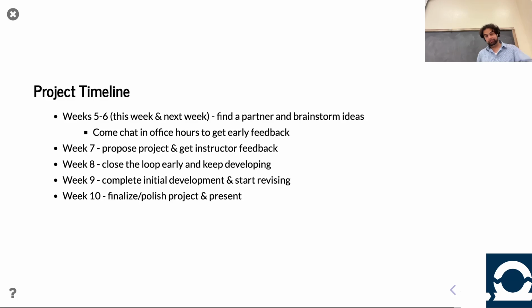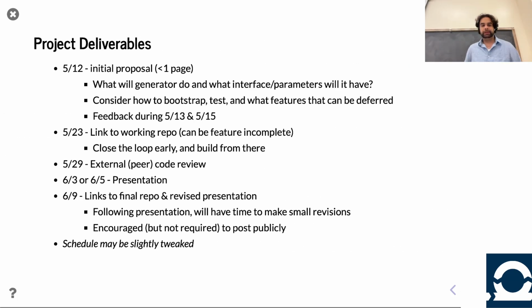Anyways, build a project, get the loop going early, keep adding on to it, keep improving it. There are some intermediate deadlines, see the next slide, and then finally you're going to finish it up, present it, and call it done. The first thing is going to be a proposal, which is one page.